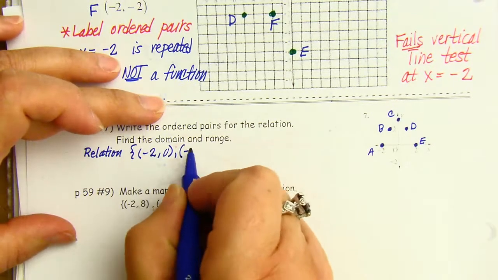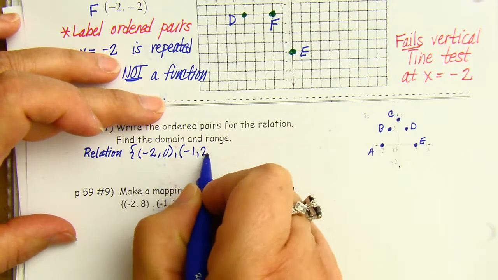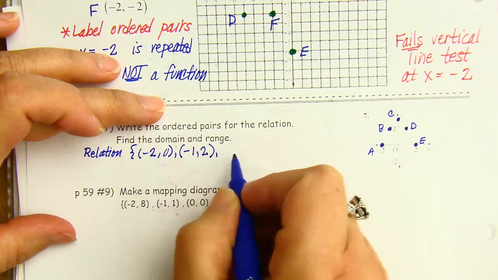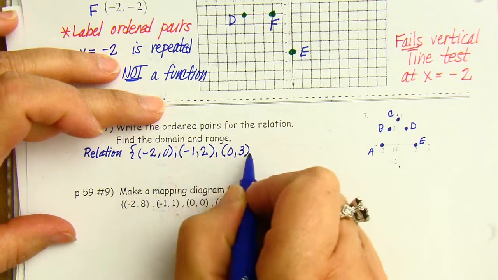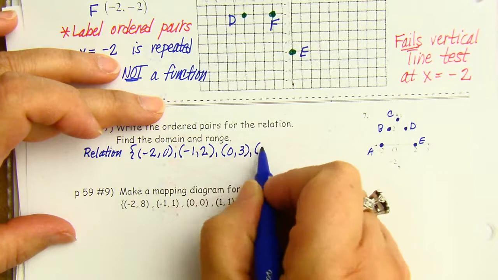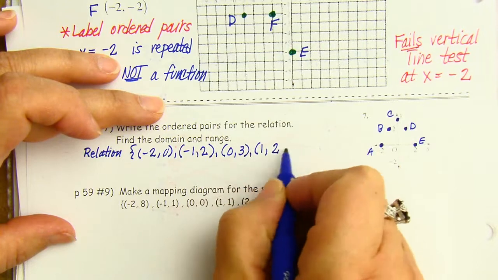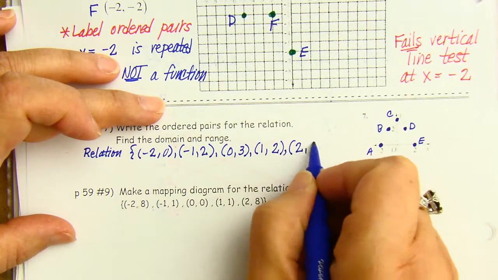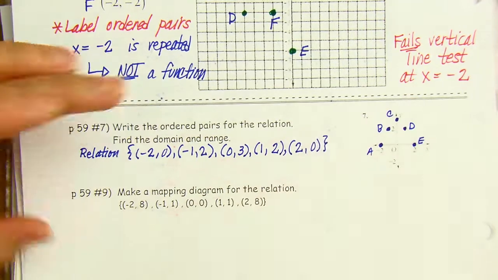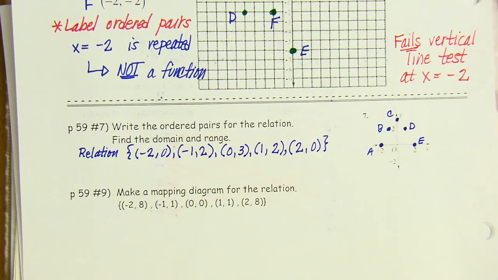And then I've got -1, 2. I have x is 0, y is 3. I have x is 1, y is 2. And I have x is 2, y is 0. So there is my relation, my set of ordered pairs.